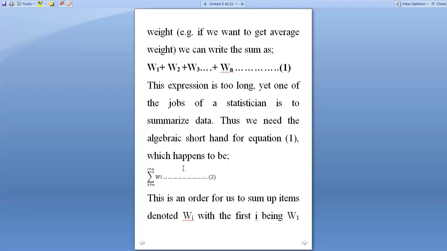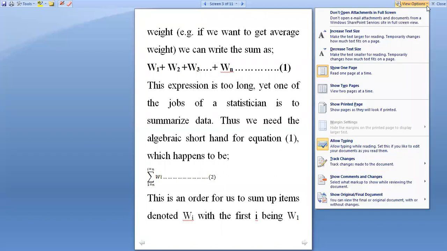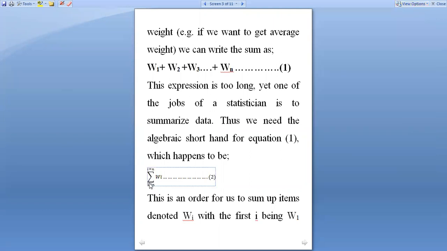I will correct something small here in this equation. Look at these numbers below this summation notation. It is supposed to be i equal to 1.